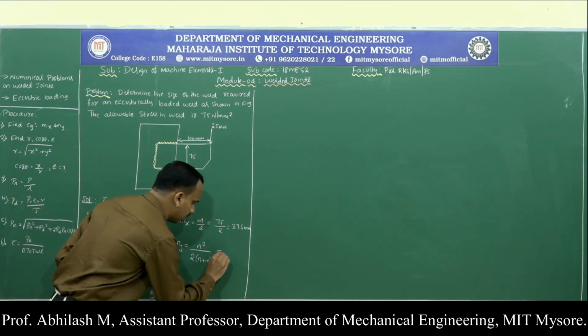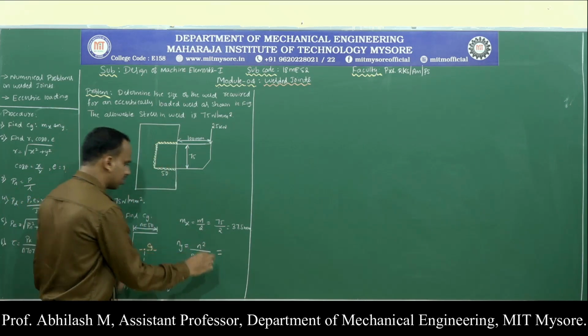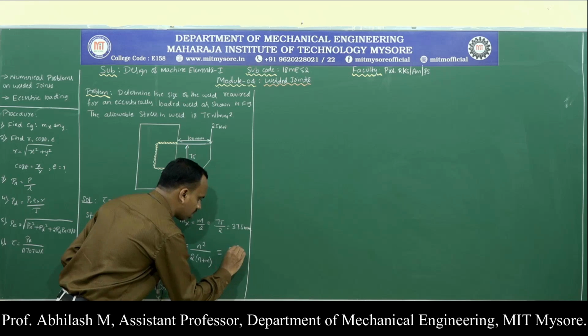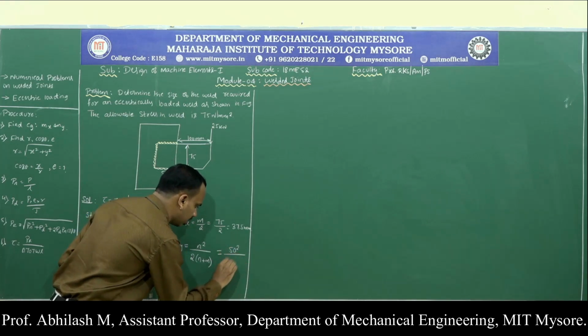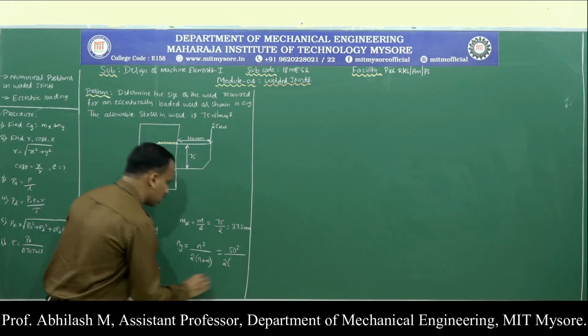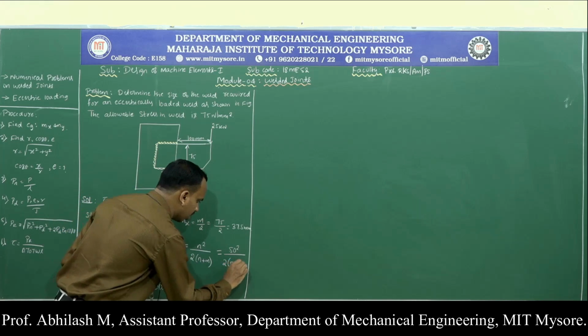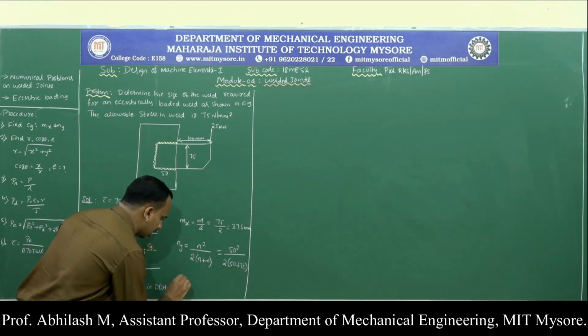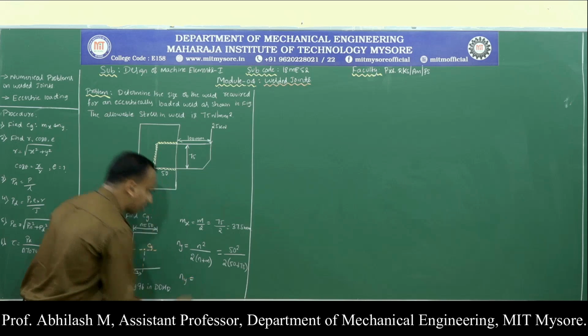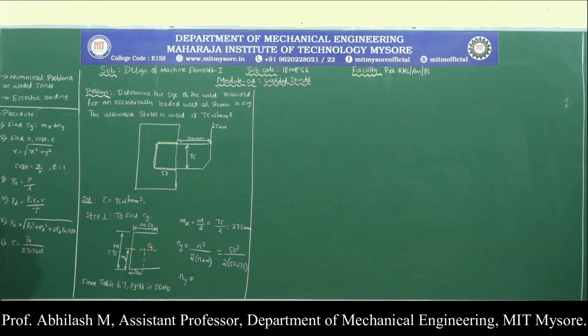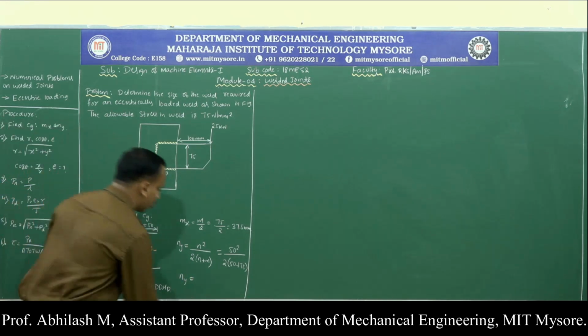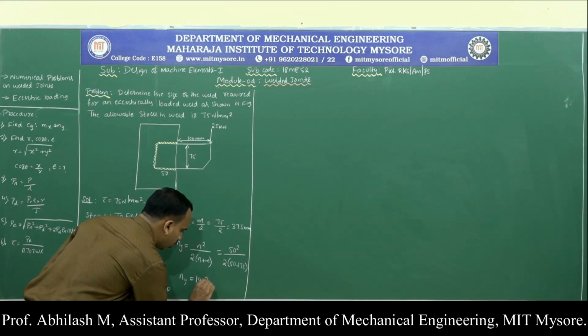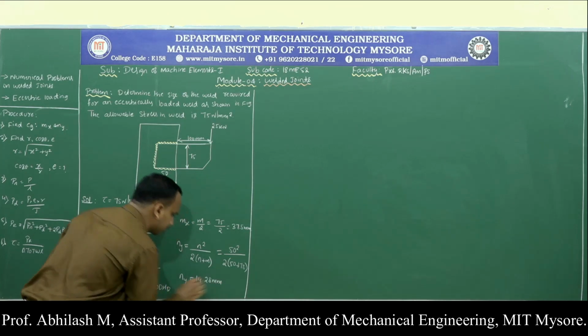Let us see what is the value. N square, n is 50, so 50 square divided by 2 times (50 plus 75). After doing the calculation, we have obtained the value of Ny to be 14.28 millimeters.